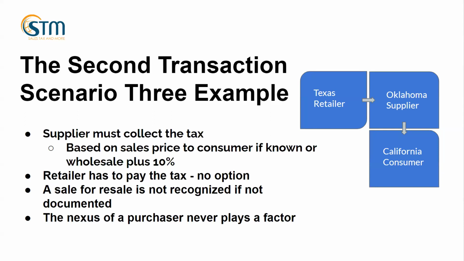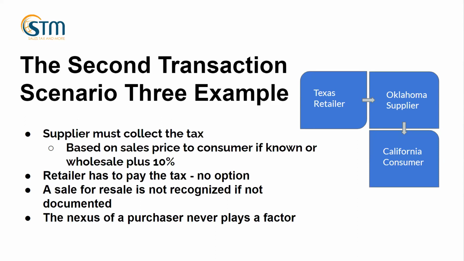A lot of people miss this. And that 10% starts adding up. If you're doing a lot of drop shipping into California, and you're just basing it on your price to the retailer, California's going to say, hey, what about the extra 10%? And we'll go through an example there.